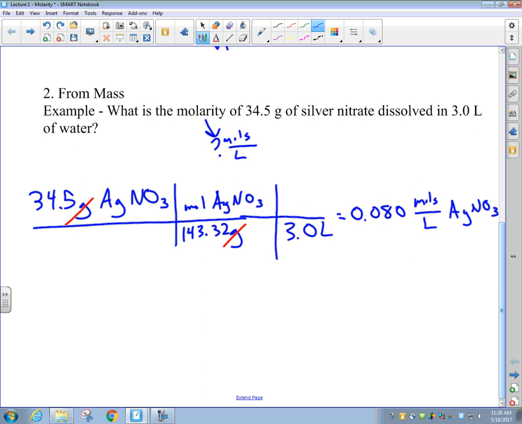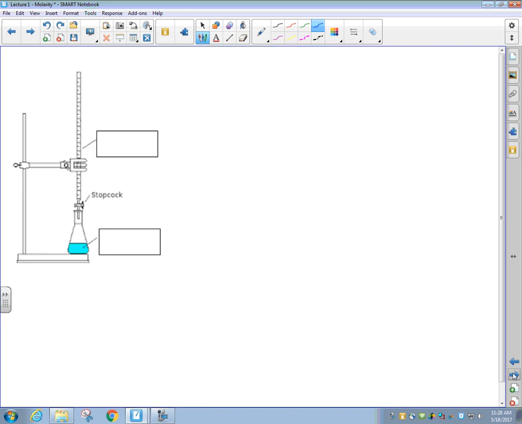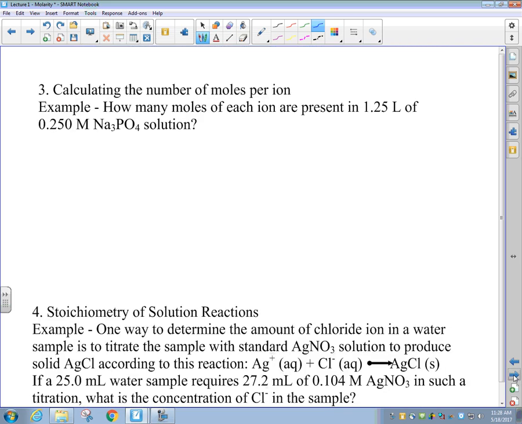Moving on to our third slide here, we have calculating the number of moles per ion. So our sample problem: how many moles of each ion are present in 1.25 liters of a 0.250 molar sodium phosphate solution? First thing we need to do is break sodium phosphate apart into its ions. We have Na3PO4.